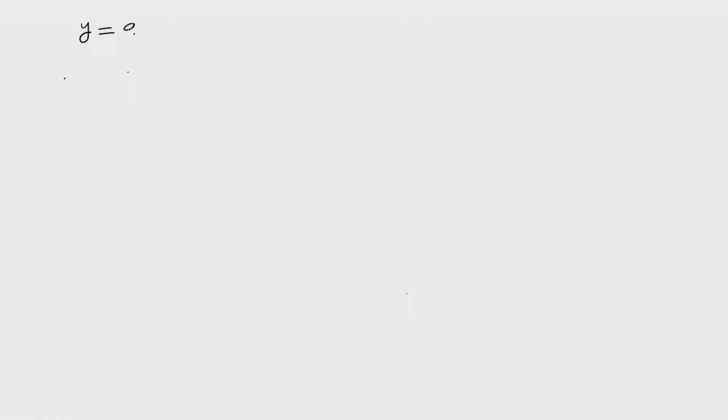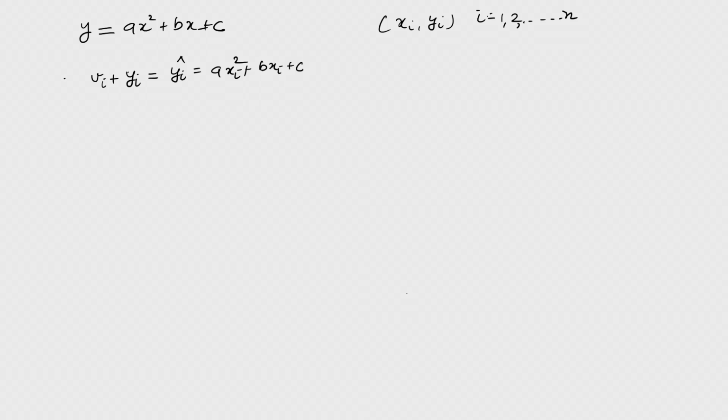Let us fit a second order curve where I observe data xi, yi, i equals 1 to n. Okay. Now, we introduced some error vi to the real data such that it becomes yi hat. So, again I can write vi equals axi square plus bxi plus c minus yi.